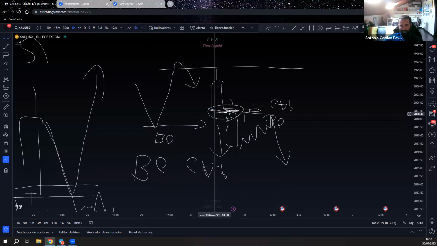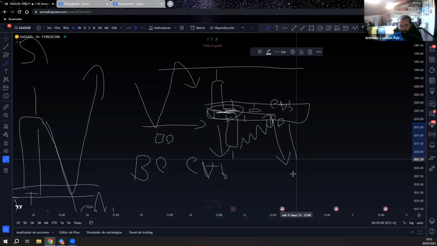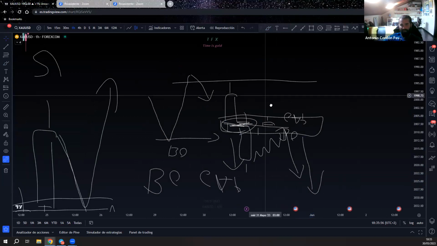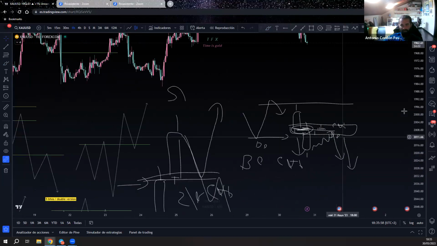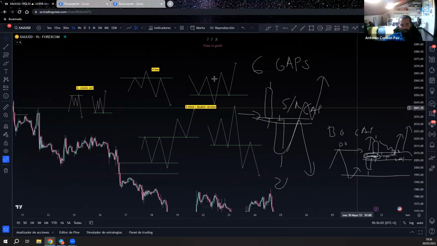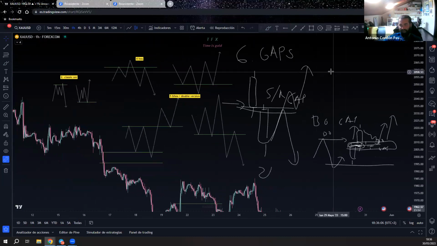These two consecutive candles make a breakout of this level, and then we have to expect that the price respects this level to continue to the downside. And this is what I call breakout gaps. This is the sixth, if I'm not wrong, of all the SNR that we have to find in the chart.